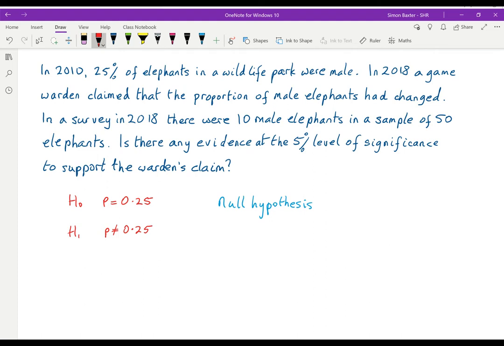We have a 5% level of significance. And we are going to reject H0 if the value of P is too great or too small. In other words, we have a two-tail test.